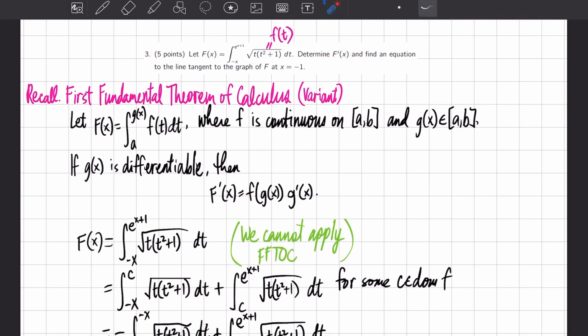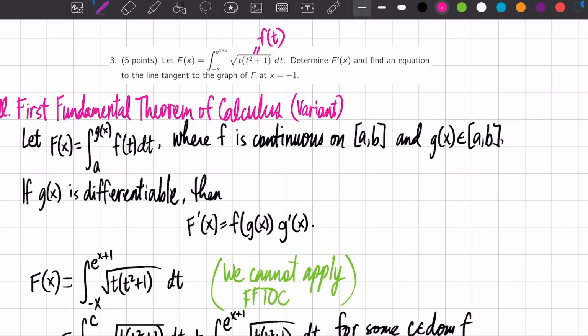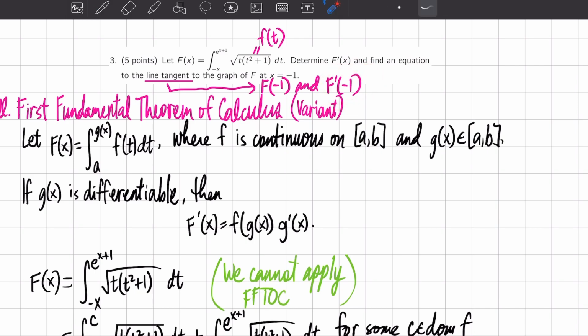Now, we need to find an equation to the line tangent to the graph of f at x equals negative 1. So for us to do this one, we need first the value of f at x equals negative 1, and we also need the value of f prime at negative 1, since this one here will serve as the slope of our tangent line.